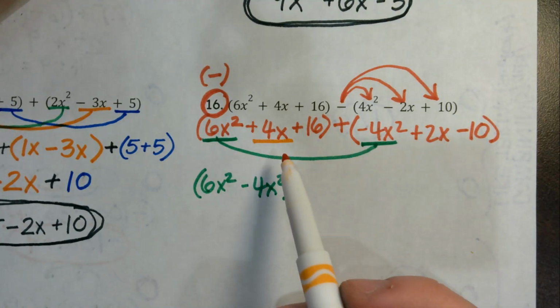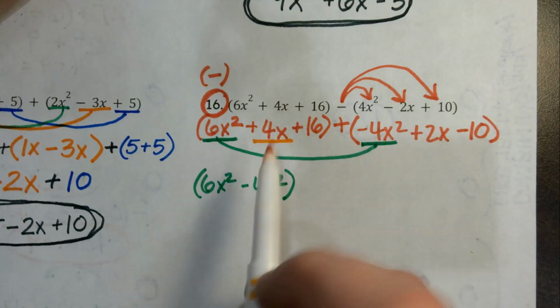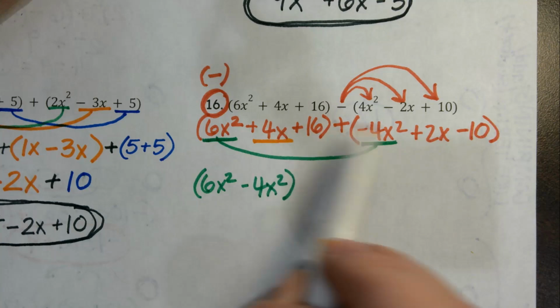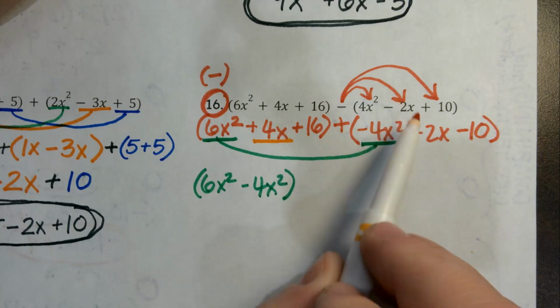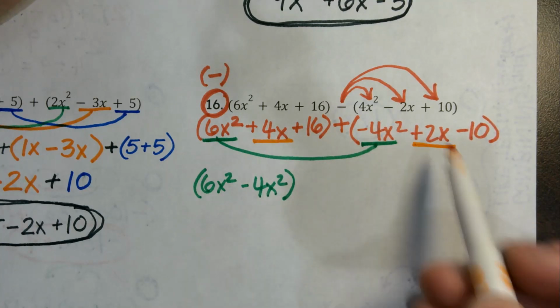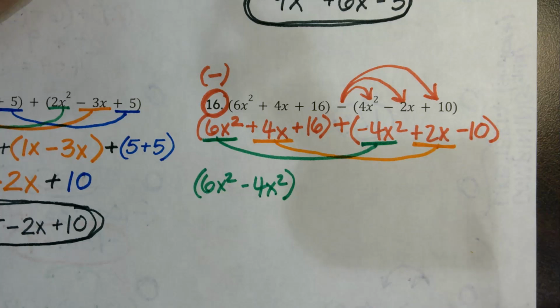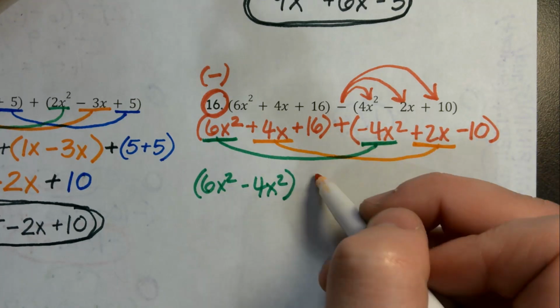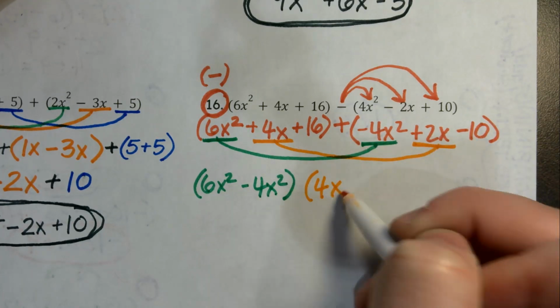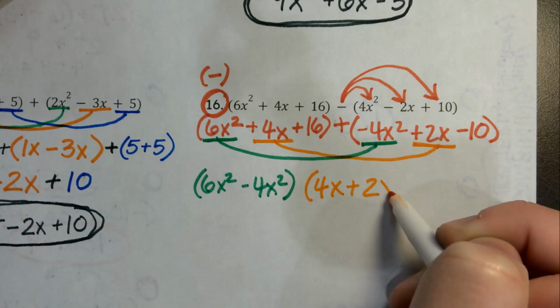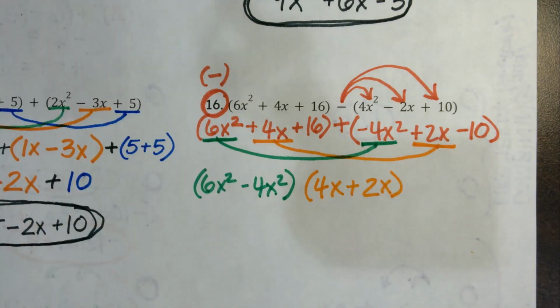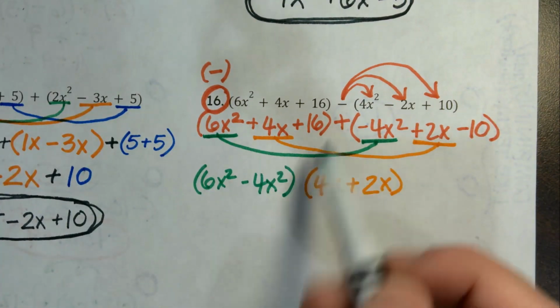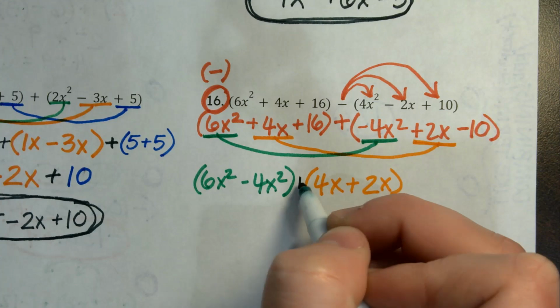Oh, yeah. Minus 2x. Yeah, 4x, and then we changed the minus 2x to a plus 2x. So it's plus 2x there. And we can write underneath 4x plus 2x. Now in between my parentheses, we can't forget our plus sign because we are adding.